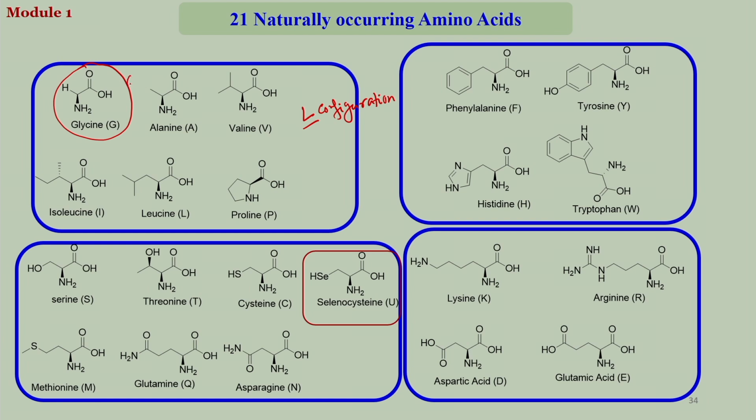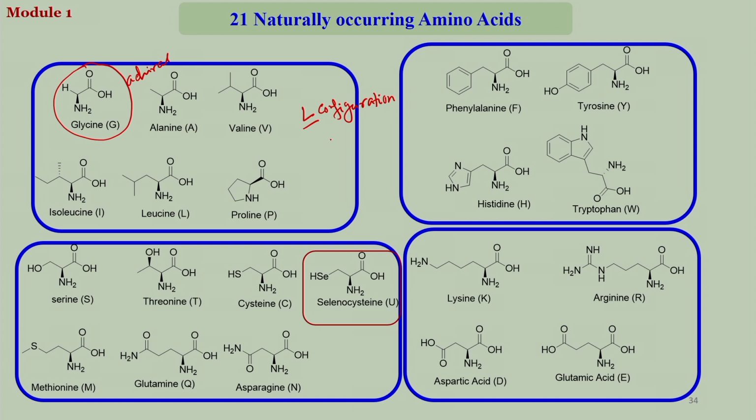Glycine is achiral because it does not have a chiral center. All other amino acids have a chiral center, and all of them have L configurations. Naturally occurring amino acids have L configurations, and we have mentioned that the nomenclature of course came from the glyceraldehyde.